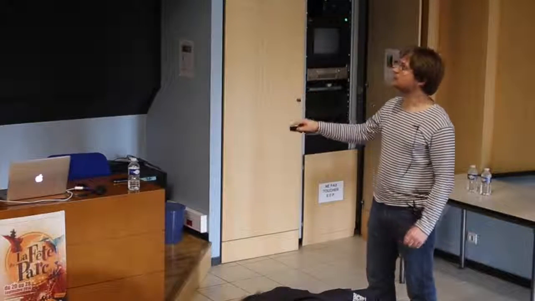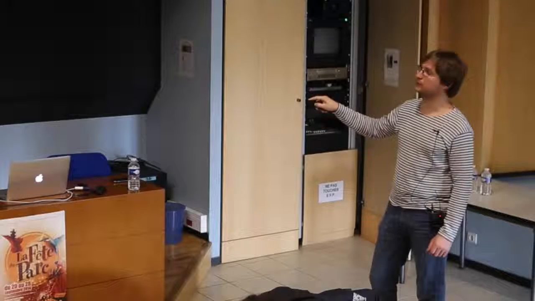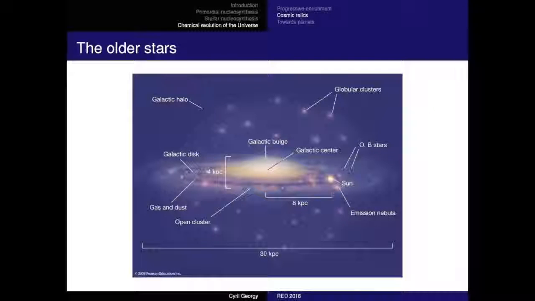Surrounding the galaxy, you have what we call the galactic halo, composed of very old stars and low mass stars, and globular clusters as well, which are structures with several thousand stars in them.